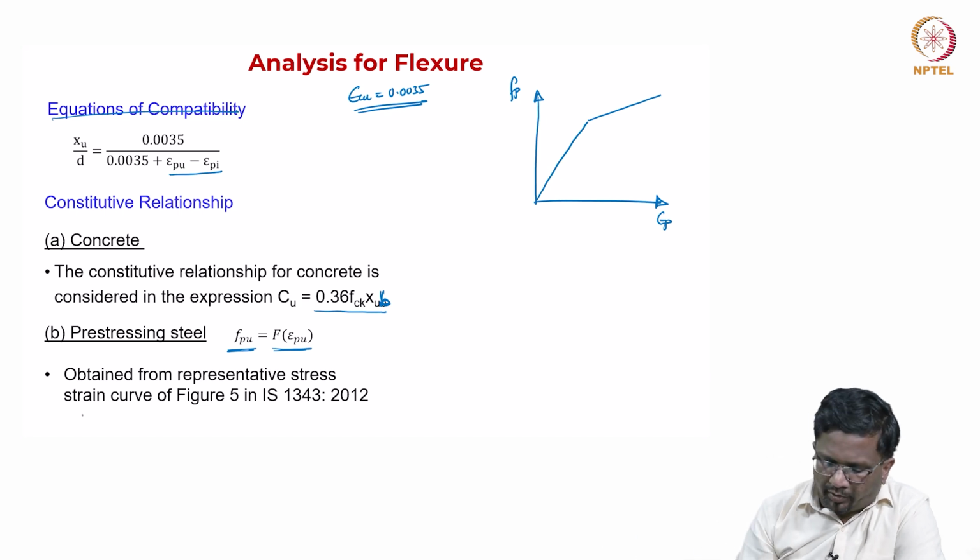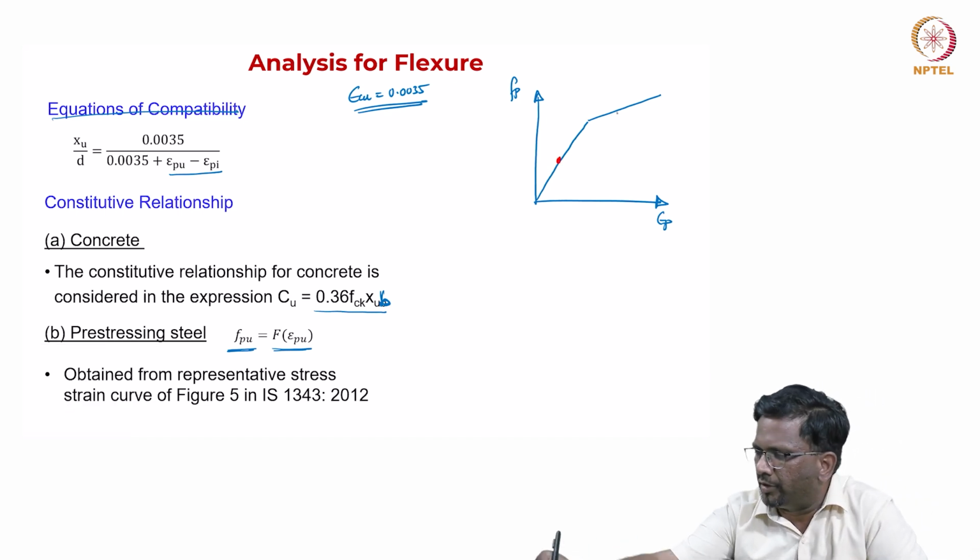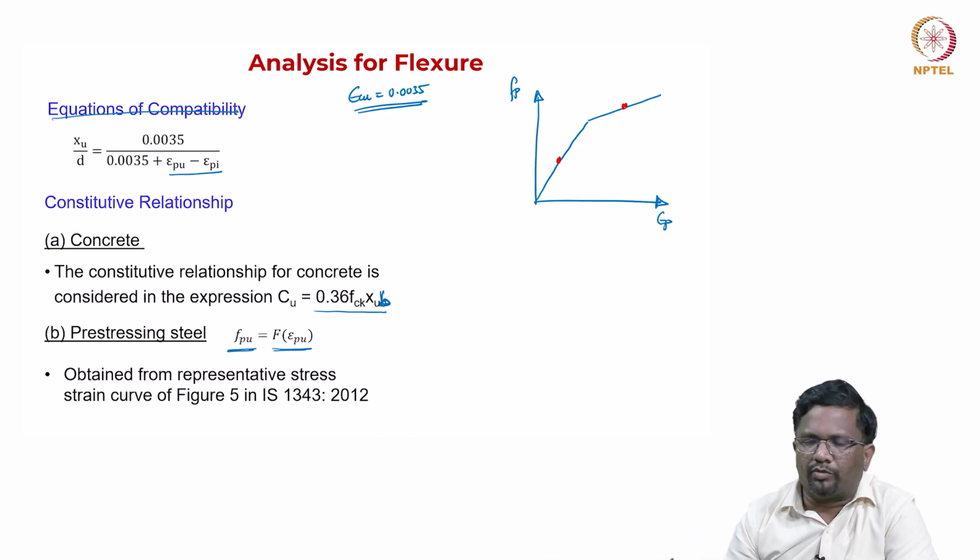Depending upon whether my strain is going to be either here or here, I have to follow this bilinear constitutive equation for pre-stressing steel. So, that is why the stress is going to be a function of your epsilon pu. And again, we have assumed that bilinear curve, which we discussed in the previous slide.